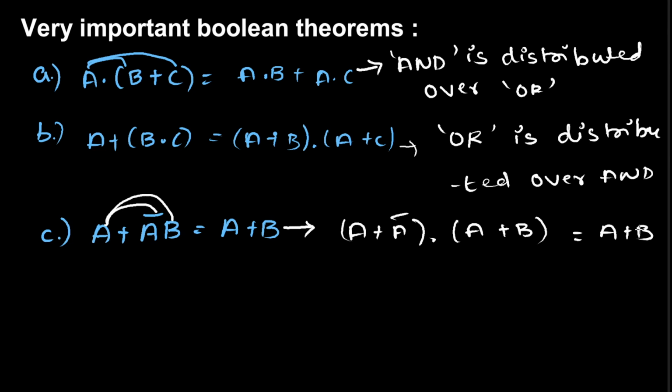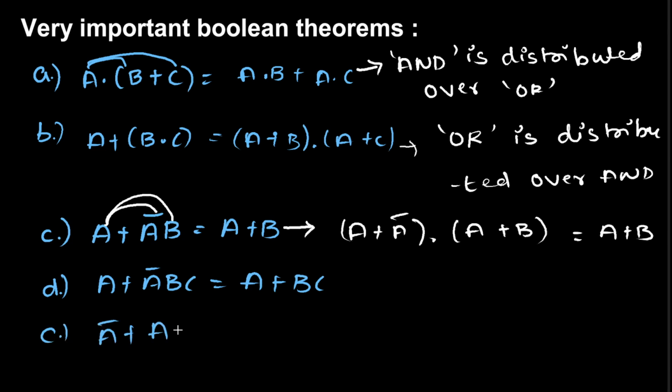So similarly I will write it for 3 variables. I am writing a plus a bar b c, then my answer simply will be a plus b c. Whether it may be a bar plus a b c d, then my answer will be a bar plus b c d.